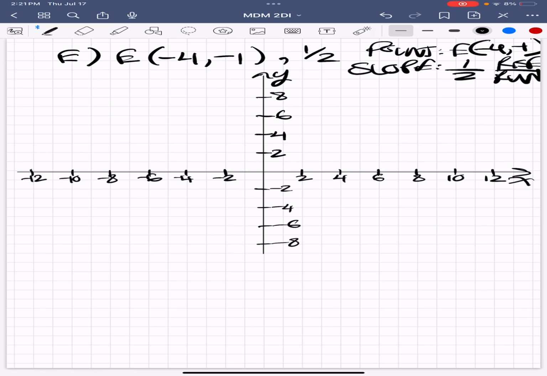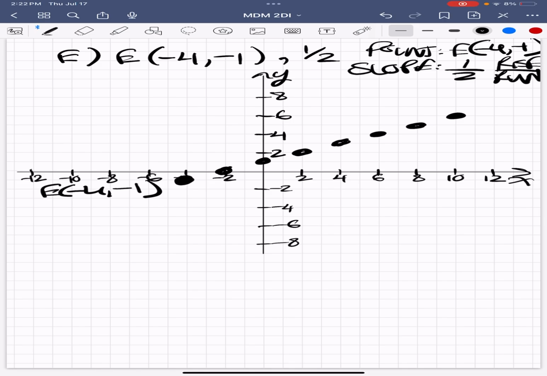And then we're going to graph this point as well. So, negative 4, negative 1, right here, and that's E, negative 4, negative 1. Then we go up 1 and over 2, and it continues indefinitely.